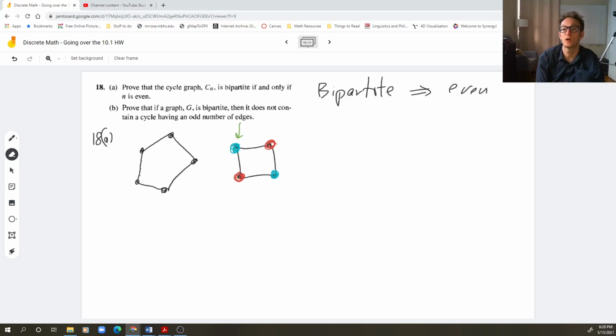If n were odd, then you would get a contradiction. And so I think I'm just going to stop this entire problem because we did it all already.